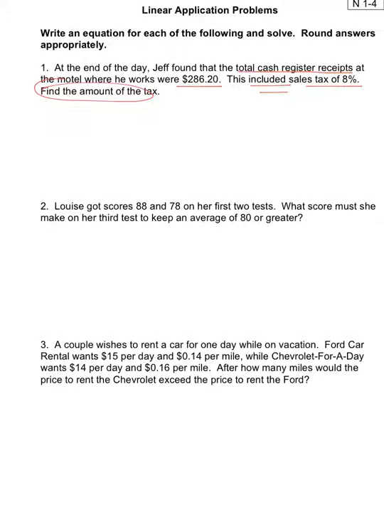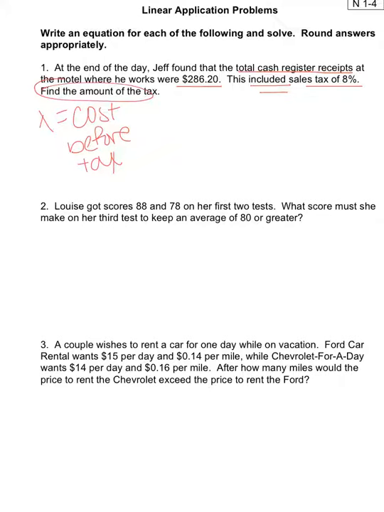So we're going to need to come up with a variable, so I'm just going to use x, and that's going to represent the cost before tax. Okay, because that's something that you have to know in order to figure out how much tax you're going to pay.